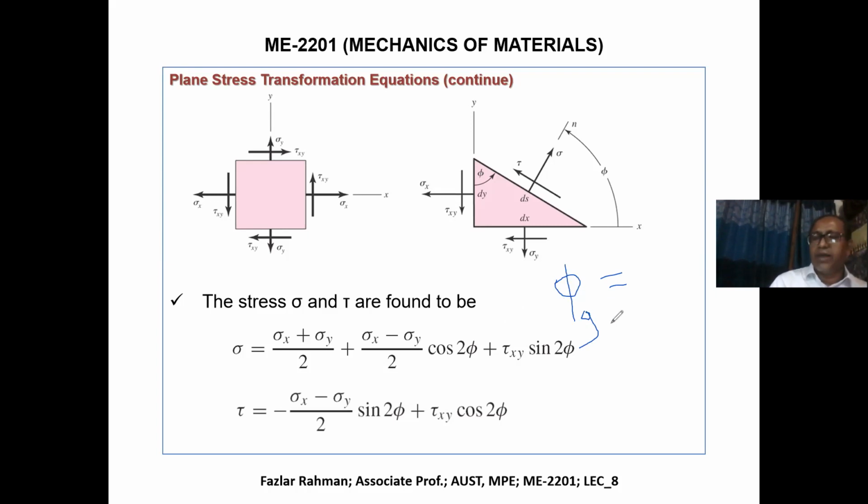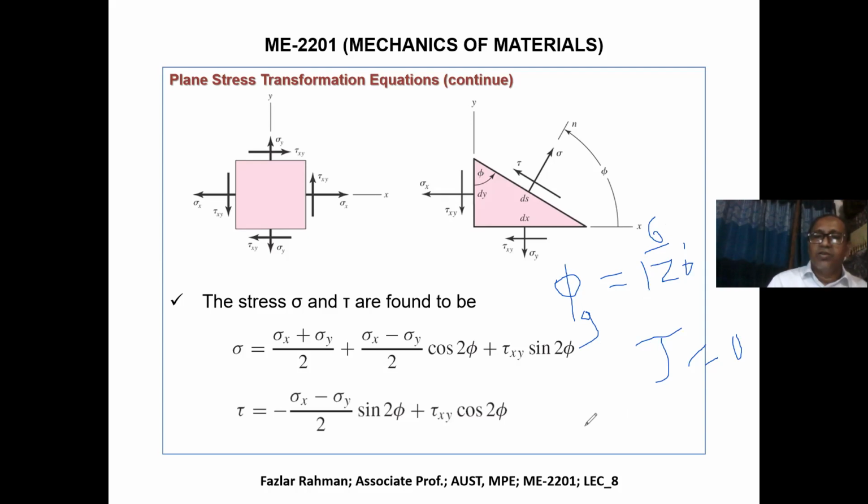And at phi 9, you are getting sigma maximum, say sigma maximum 120 megapascal. This is the value of sigma. But for the same angle, you will get tau equal to 0. Then this plane is called the maximum principal plane, because at this point you are getting the maximum normal stress sigma.